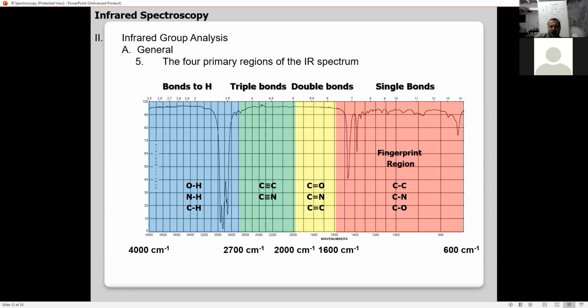So on the left-hand side, we have bonds to hydrogen: oxygen to hydrogen, nitrogen to hydrogen, carbon to hydrogen. You'll get to know this one, the carbon to oxygen double bond. It should stand out big time.